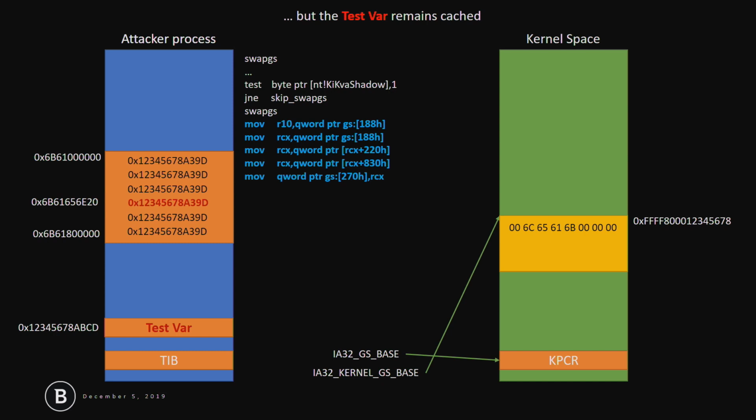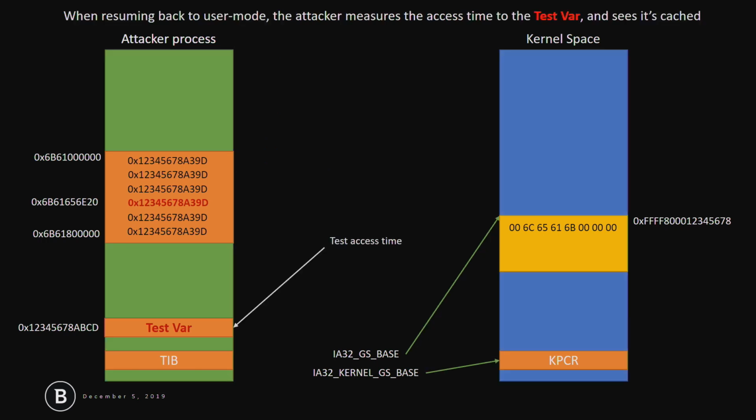So we use this test variable as an indicator to see if the value is within our range. We get back inside the user space, we measure the access time to the test variable, and we see it's cached. Now we know that the secret kernel value is within the range that we've mapped inside user space.